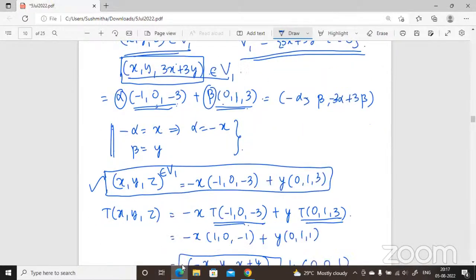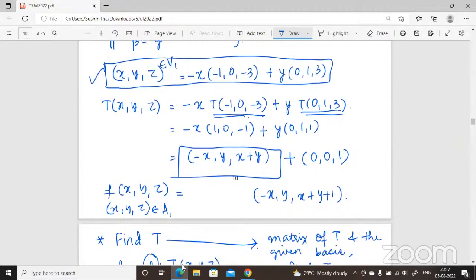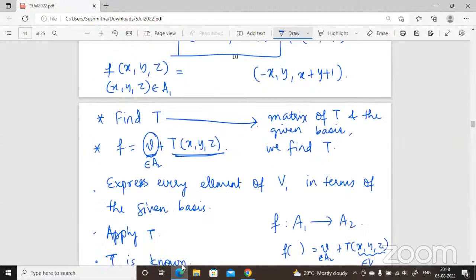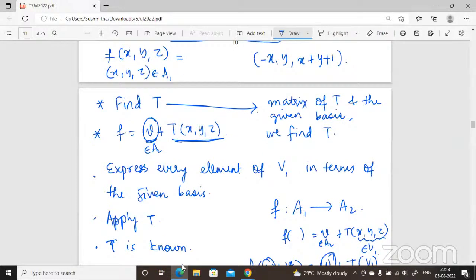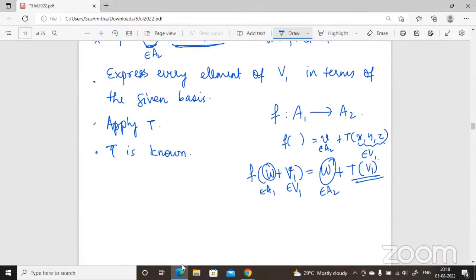And suppose, madam, we want to find mapping A2 to A1. How do we find it? A1 to A2 is good, but A2 to A1, how do we? No, then the transformation also would have been from V2 to V1. Why do you want to find from A2 to A1? Shivaji sir posted a video of affine mapping where such type of question has been.